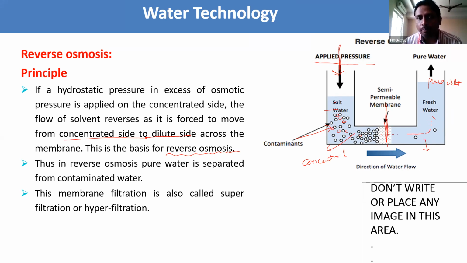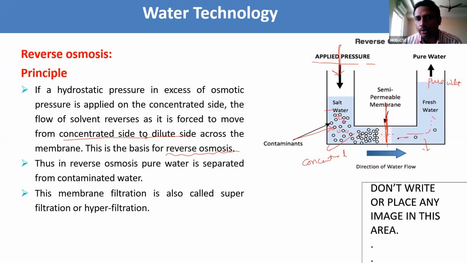When we apply pressure on this side, the movement of solvent molecules reverses as they are forced to move from the concentrated to the dilute side across the membrane. This is nothing but reverse osmosis.